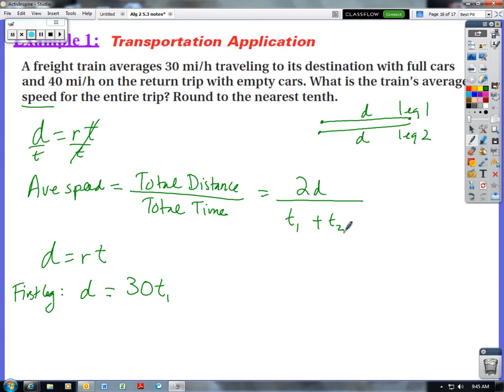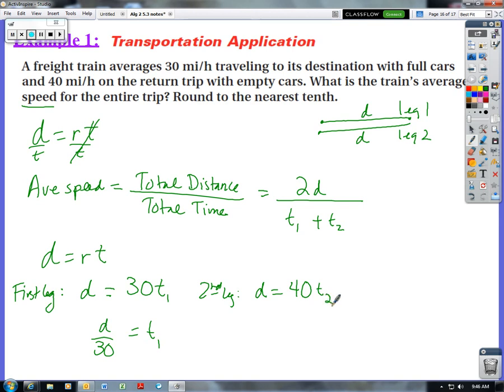Over here, I'm trying to figure out what time 1 is. I've got this little miniature formula. I divide both sides by 30, and I get d over 30. So time 1 is d over 30. If I do the same thing for the second leg, I will have the same distance. The distances are the same. The rate on the second leg is 40 miles per hour, and that's going to be time 2.